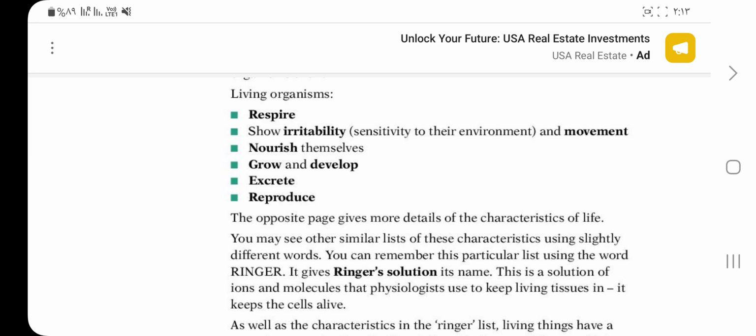Again, we have six characteristics of living organisms: respire, show irritability, nourish themselves, grow and develop, excrete, reproduce.